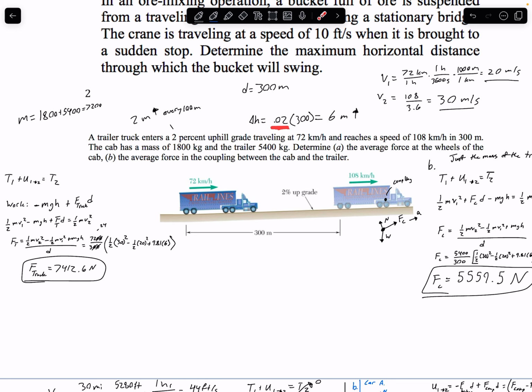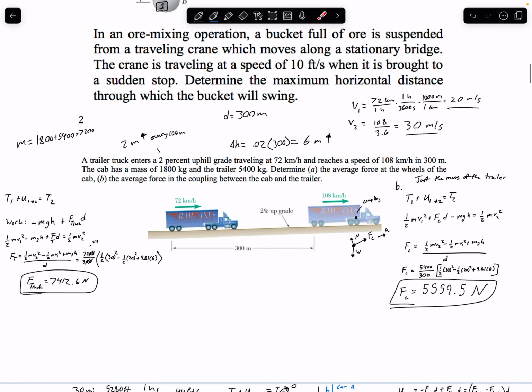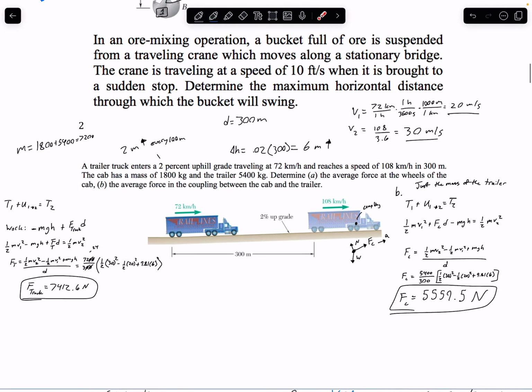And then the 2% grade means that every 100 meters it goes up 2 meters. So over the course of 300 meters it goes up 6 meters. And then we know that the total distance that the work is being done over is 300 meters.